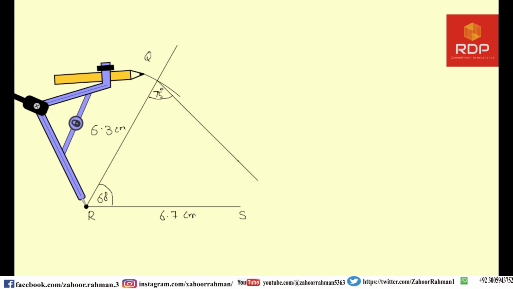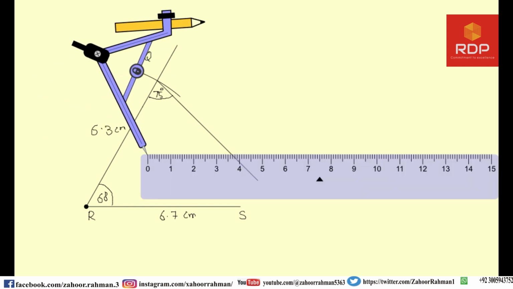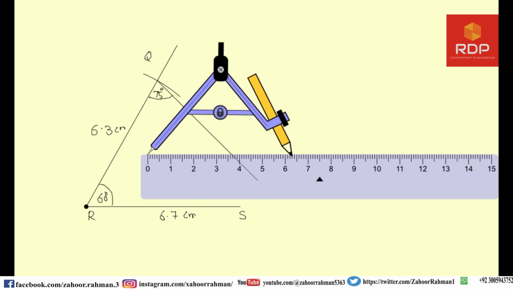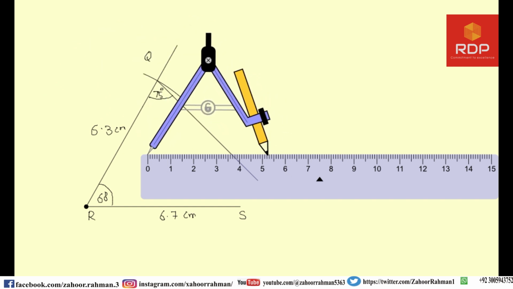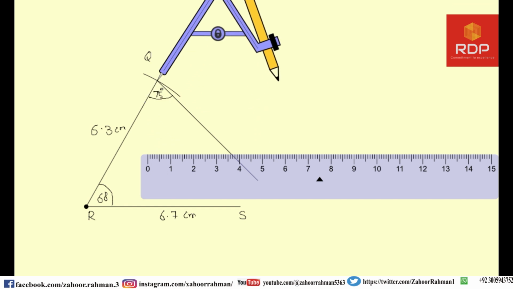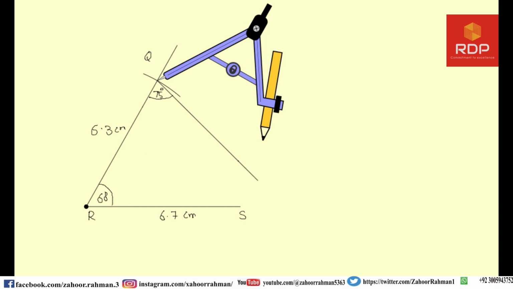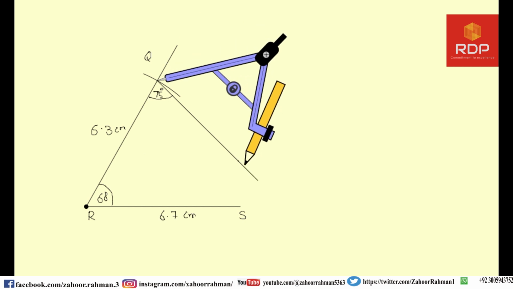Okay, next job is to cut 5.3. So let me cut this line as 5.3, which is given to us in the question. Let me open it as 5.3 and then lock it, and then make an arc of 5.3 here, a smaller arc.